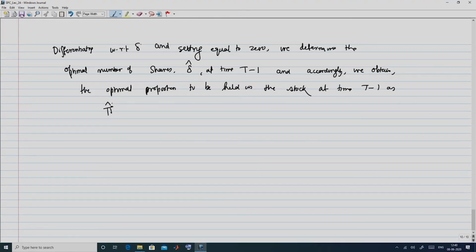So, this is again the optimal weight, equal to delta hat into S over X. Remember, this is the investment in the stock over the total initial investment, and is equal to 1 plus R within bracket, 1 plus R minus U p plus d q, over U tilde d tilde.